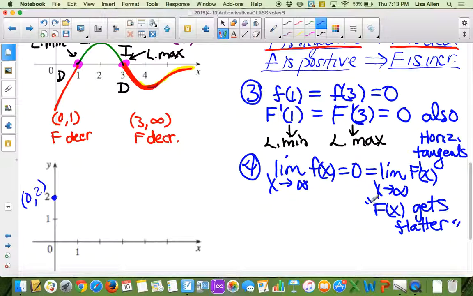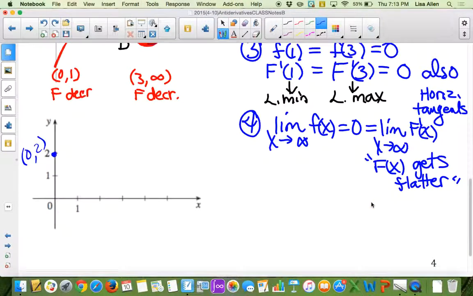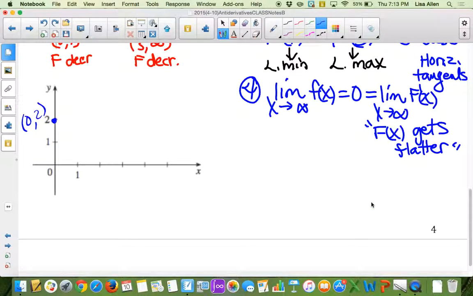Now 5, let's see, how much room do I have here? For 5, we're going to take a look at the second derivative. So let's look at the fact, what is F double prime equal to? Well, let me reverse this. If f is equal to F prime, then what is f prime equal to but F, capital F, double prime?